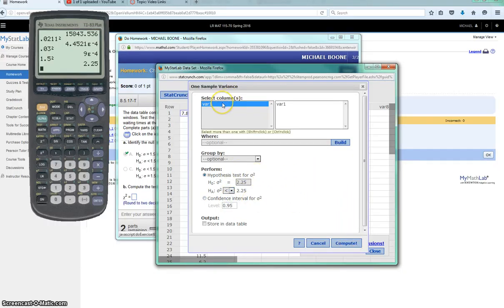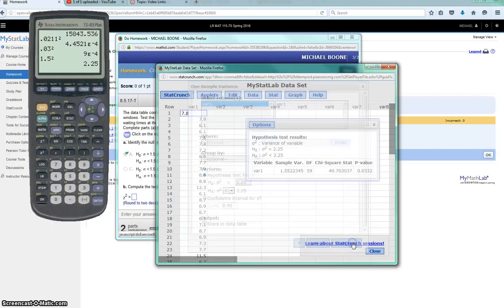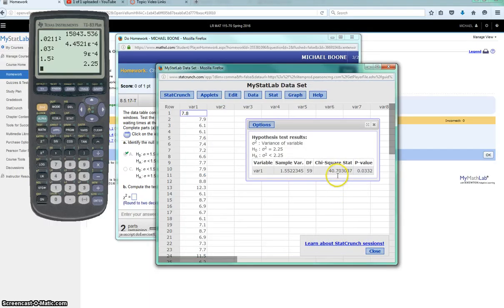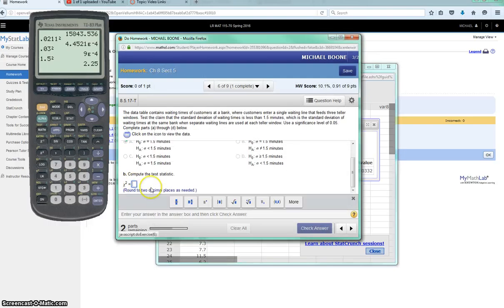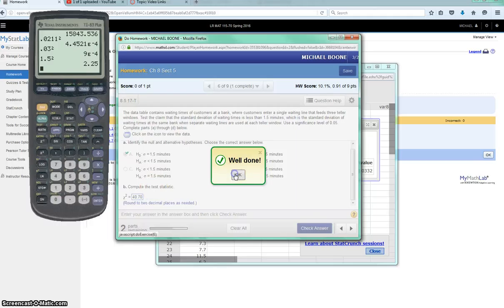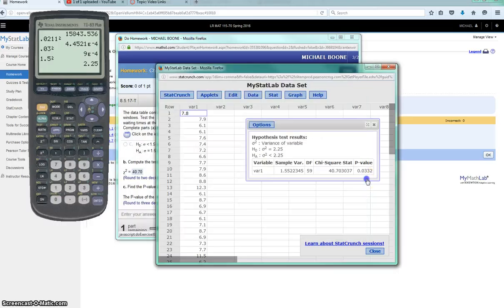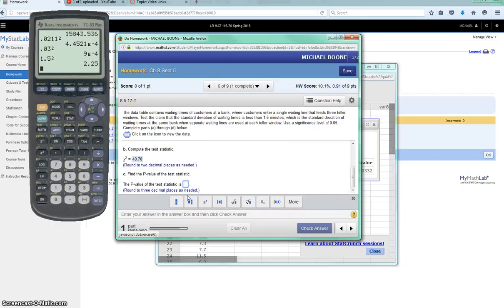This computes our variance. It knows our sample size. And we will get a test statistic of 40.70. And we'll also find the p-value of 0.0332, or 0.033 to 3 decimal places.